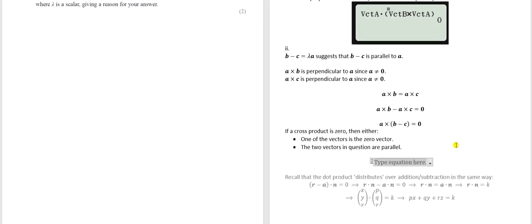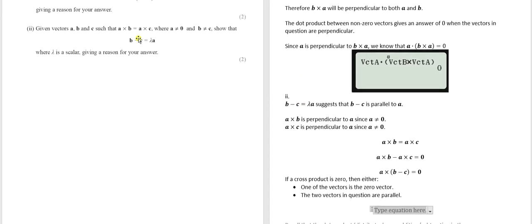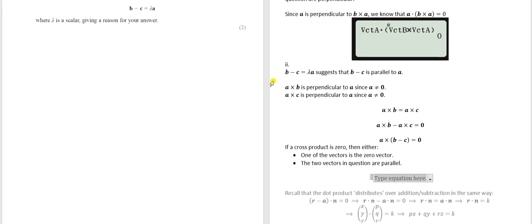We just need to use the fact that we were told in the question A is not 0, and also B minus C is not 0. They've told us that by saying B is not equal to C. So we can say A is not 0, and B minus C is not 0.